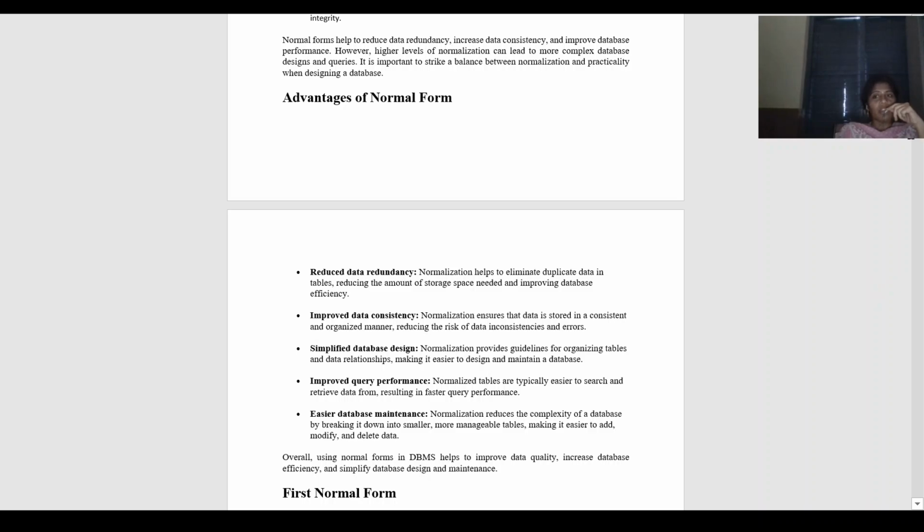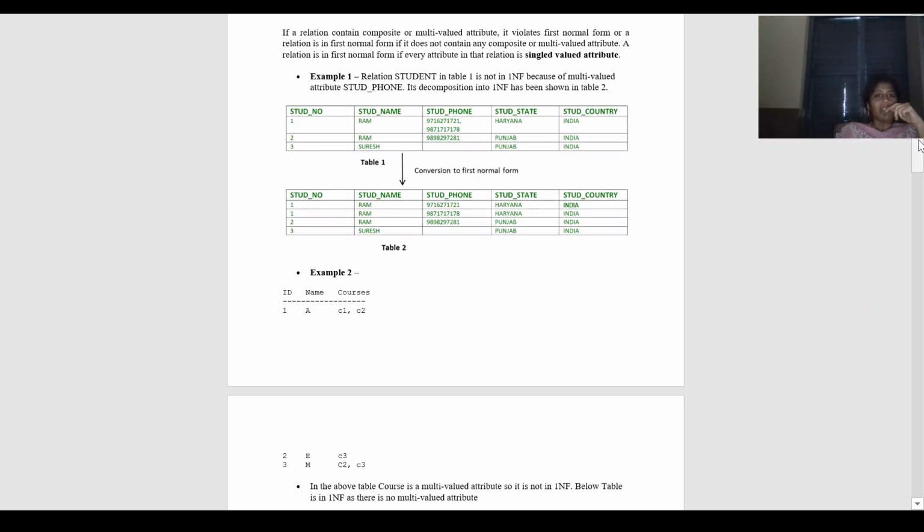Coming to the first normal form example, see here, this is one table. A relation that contains composite or multi-valued attributes violates first normal form. A relation is in first normal form if it does not contain any composite or multi-valued attributes.